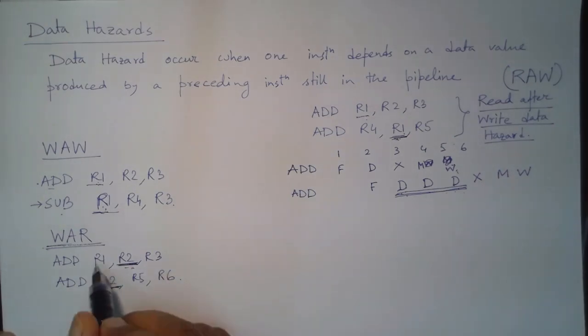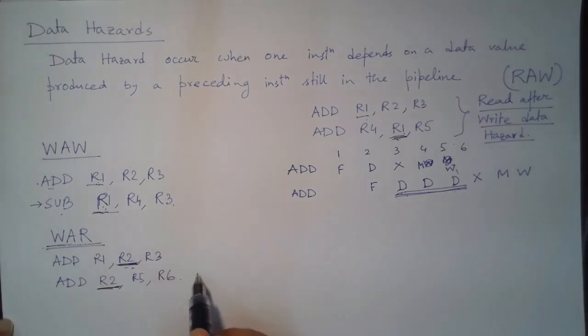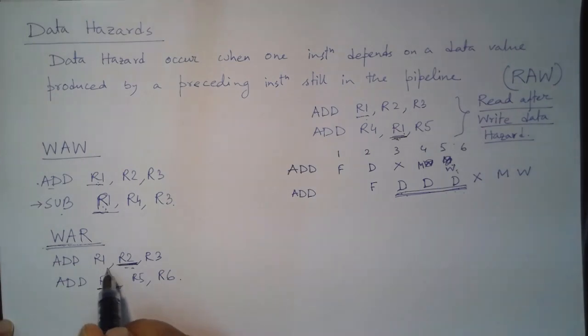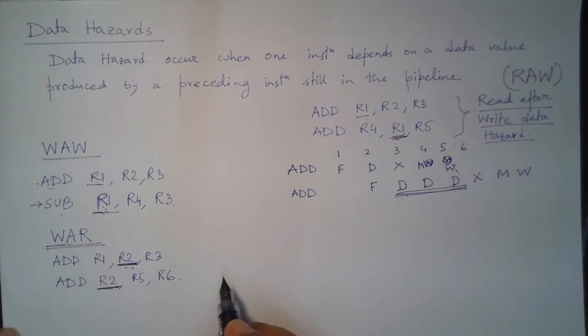If instructions are executed in order, then this will not create a problem, because you will be reading this value and only then will you be updating it. So there is no way it can create a problem if you are executing things in order, or if you are not allowing multiple instructions to be executed simultaneously.